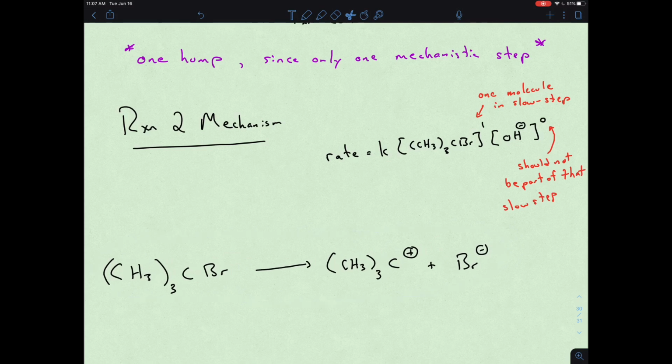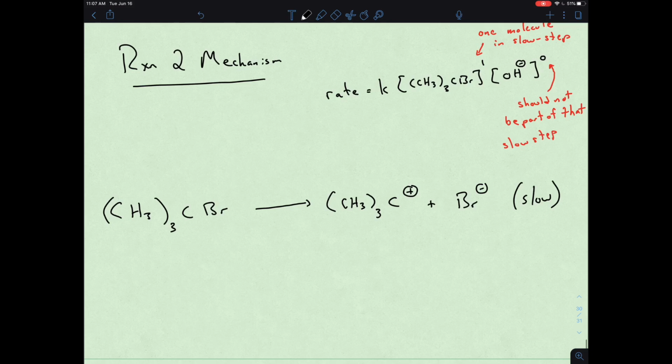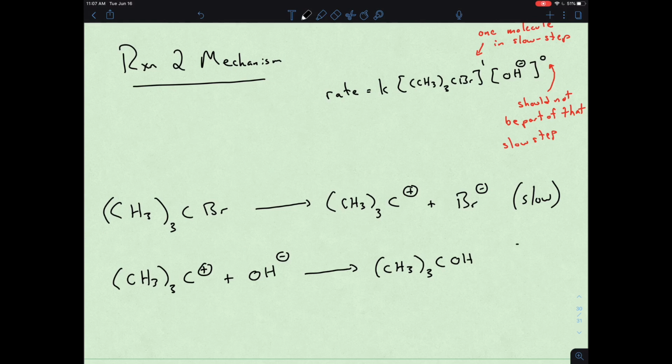And that first step, we will call the slow step. The next step would be then the formation. So instead of doing it all in one step, we could think about the mechanism happening in 2 steps. And this step would be really fast.